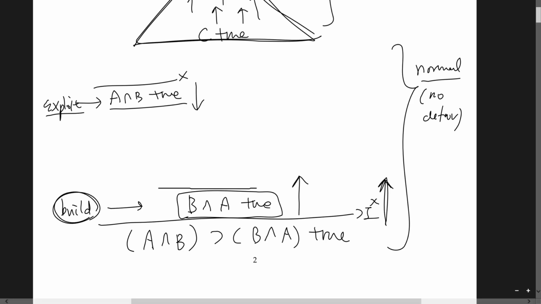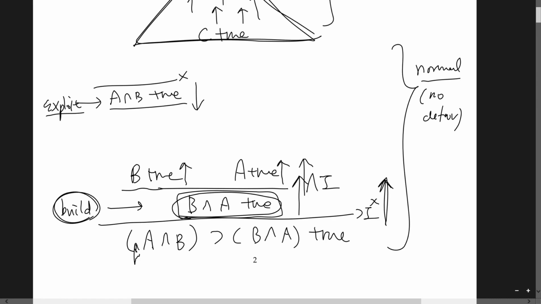And in order to build a proof of B conjunction A true, we apply again introduction rule, the conjunction introduction rule, and then we keep moving upward. And now we have two goals, B true and A true. Still, we have to move upward because we have to build a proof of B true and a proof of A true.